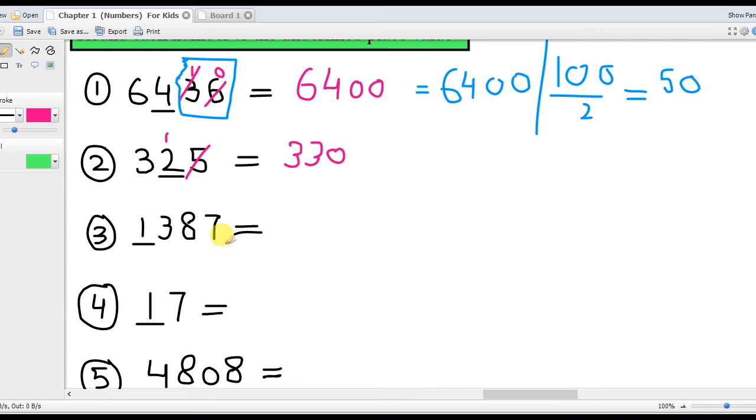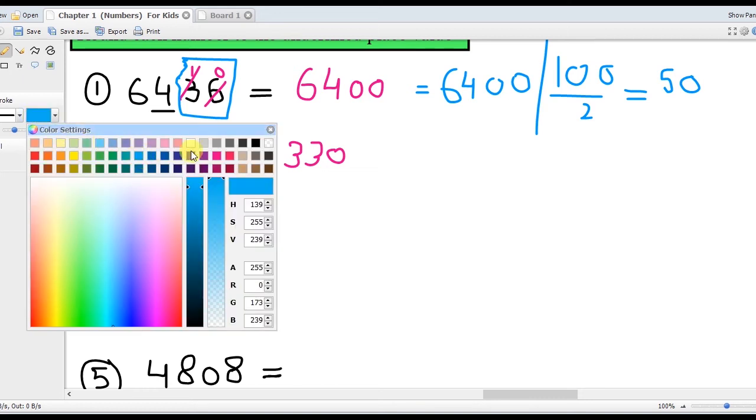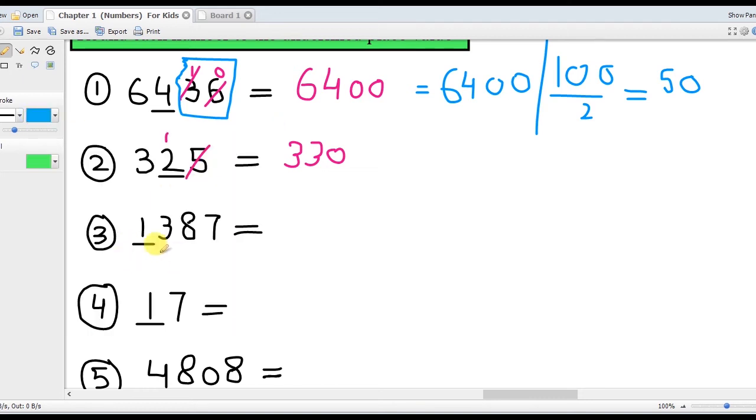1387. We have to round it to the thousand place. Unit, 10, 100 and 1000. Let's start solving. If I solve it directly, look at the numbers here, 387.